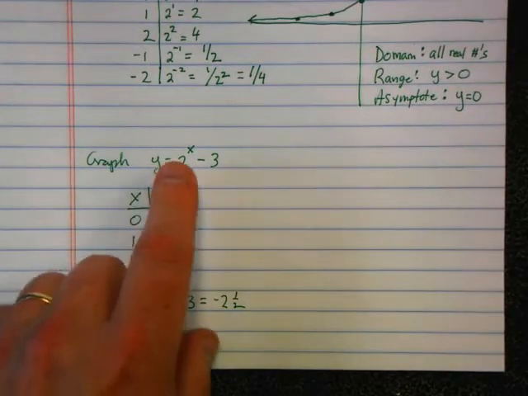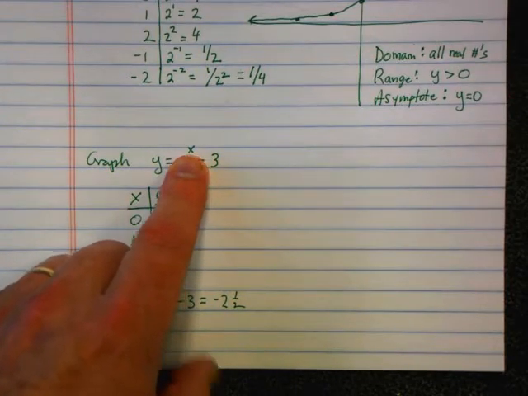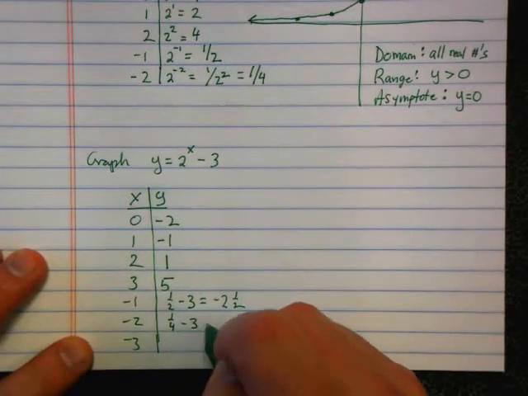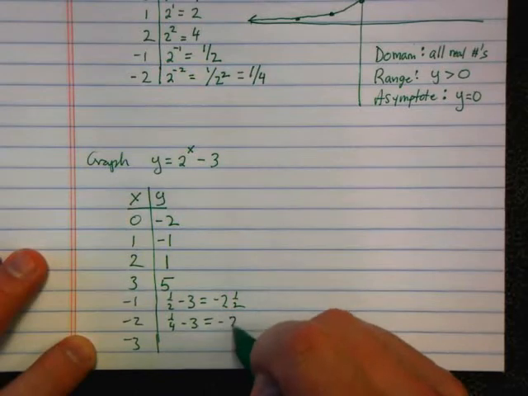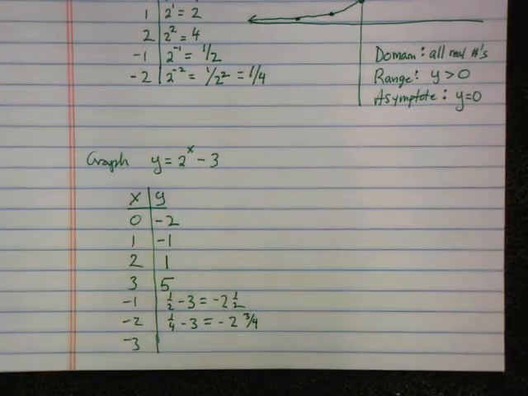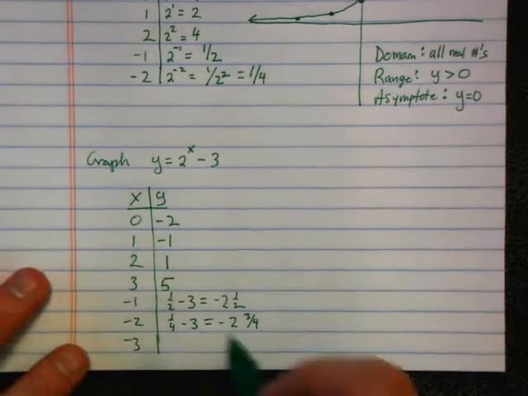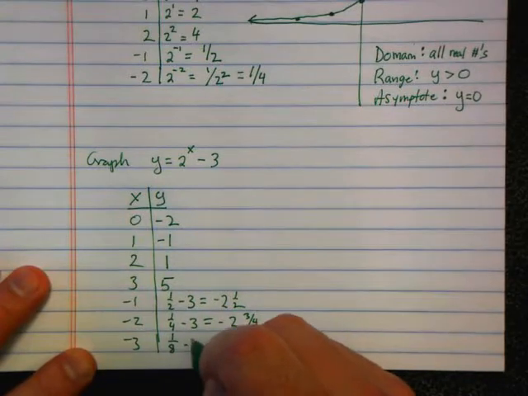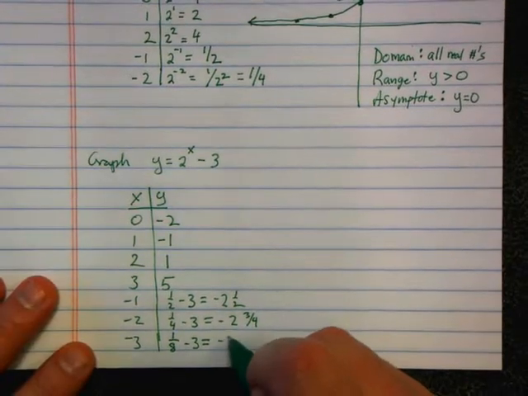And then I plug in negative 2. 2 to the negative 2 is 1/4. 1/4 minus 3 is negative 2 3/4. All right, and then I plug in negative 3. 2 to the negative 3 is 1/8. 1/8 minus 3 is negative 2 7/8.